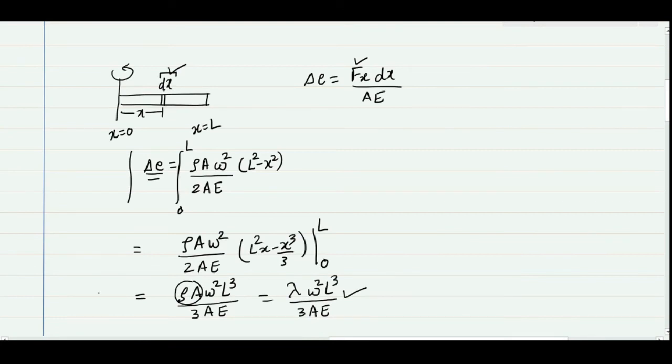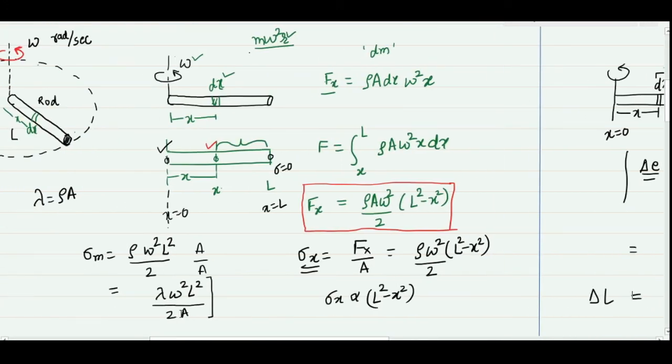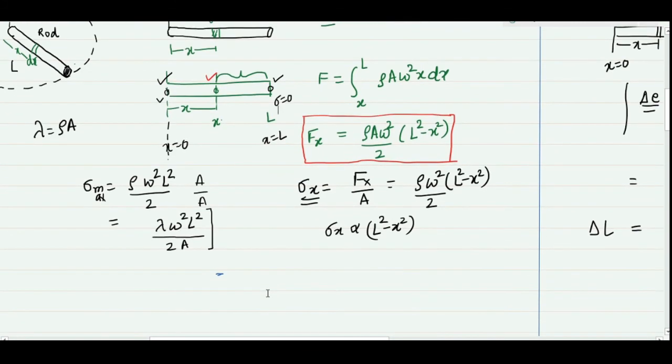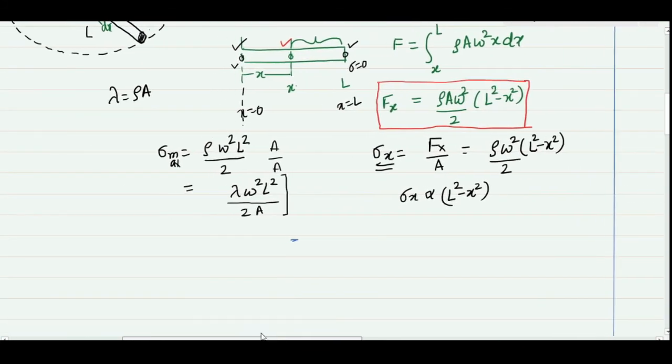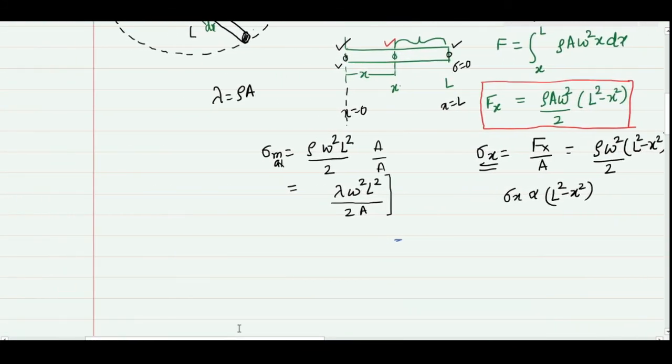So this is the change in length of the bar due to the centrifugal force, and this formula represents the stress value, that the maximum stress will be at the root and the zero stress at the tip. If I look at the distribution of stress and extension with respect to the length, I can see here that my stress is proportional to L square minus x square.